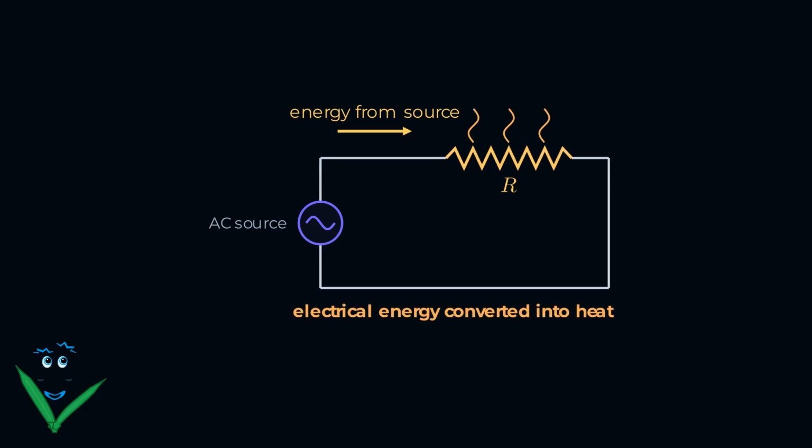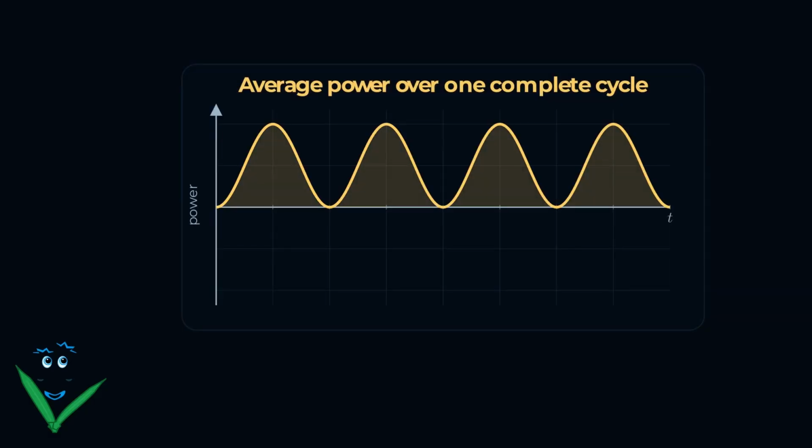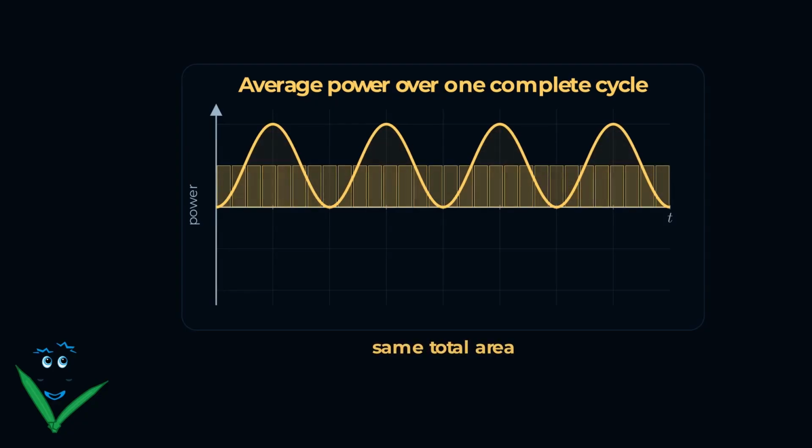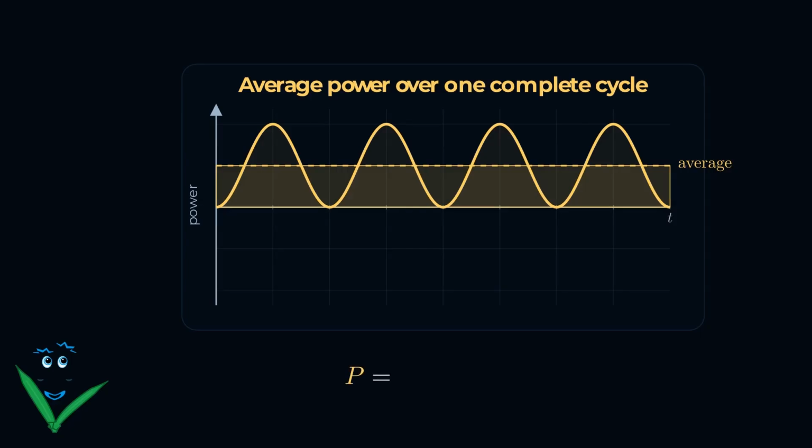Because instantaneous power changes continuously, we normally use its average value over 1 complete cycle. The average power is found by adding the instantaneous power values across the cycle and dividing by the duration of that cycle. Mathematically, this is written as capital P equals 1 divided by capital T multiplied by the integral from 0 to capital T of P of t with respect to t.